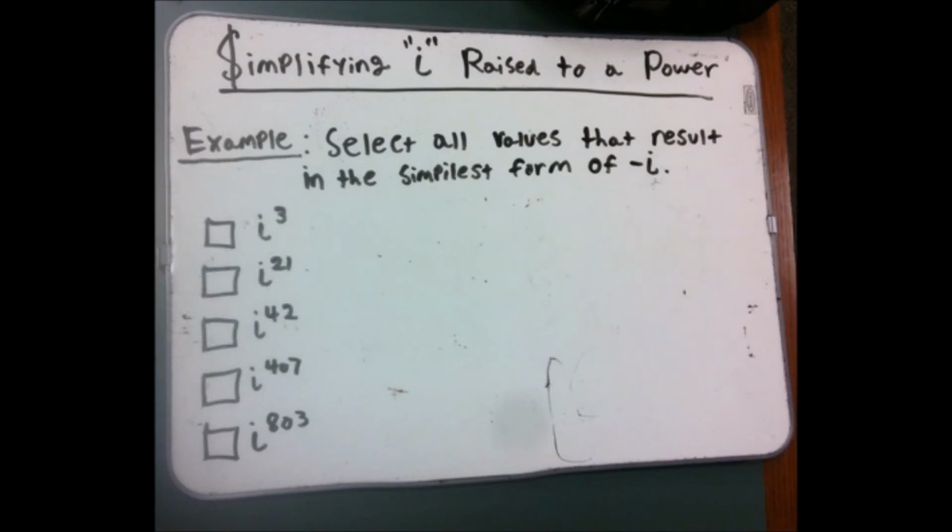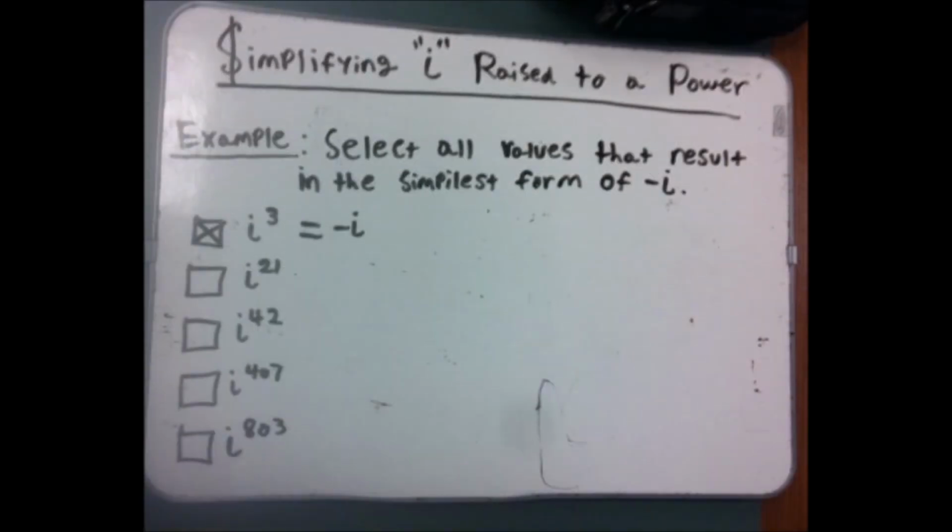The last complex number topic covered in this video is simplifying i raised to some power. We'll use a new SOL technology-enhanced question to practice this concept. I know seeing these kinds of problems results in your facial expression looking like this, but this problem will prove not to be too bad. For this problem, you have to select all values that simplify to -i.